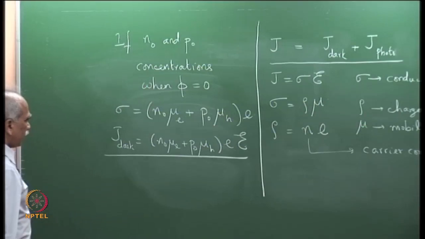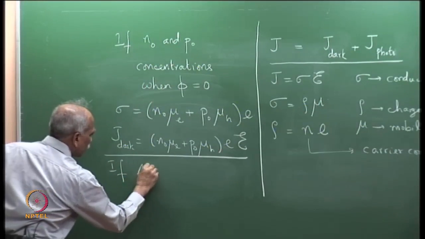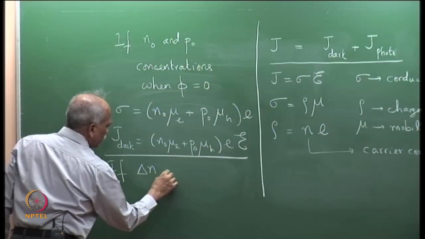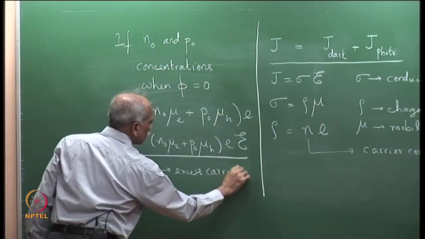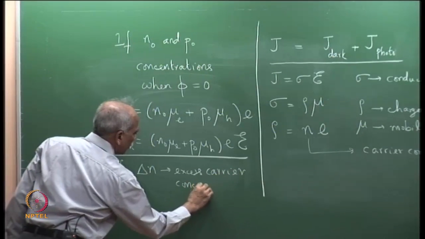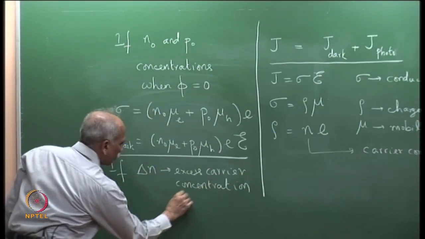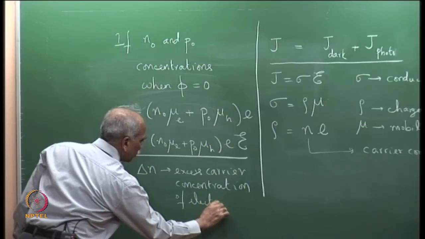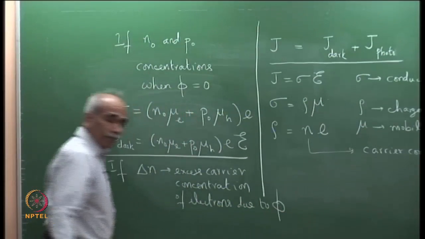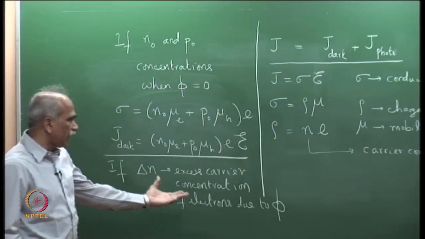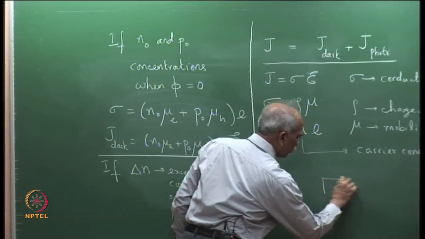Similarly, if delta n is the excess carrier concentration of electrons due to the incident photon flux phi on the photoconductor, then here is the photoconductor.